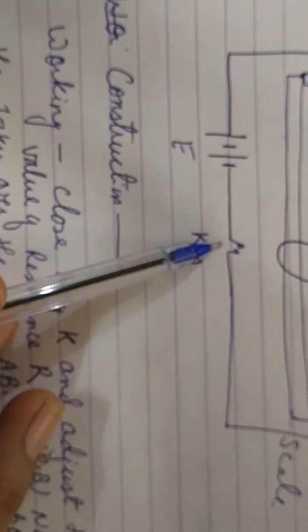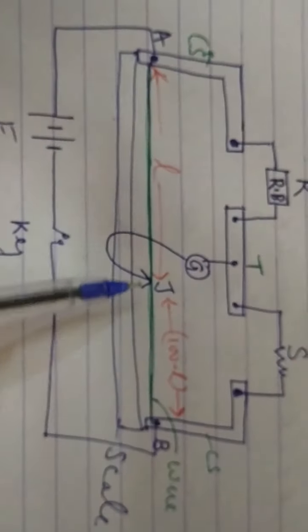Now its working. Close the key and adjust the known value of resistance R from the resistance box, taking out some resistance from the resistance box. Now move the jockey over the wire AB.